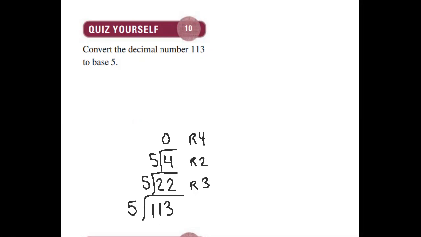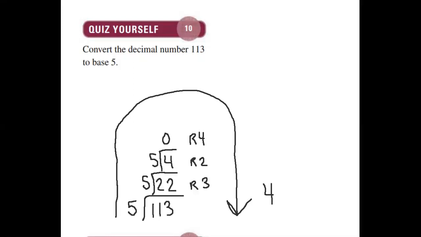If we stack upward, we'll write the answer reading downward. So 423 base 5. If you do this process downward, then you'll just reverse the order in which you write the remainders.